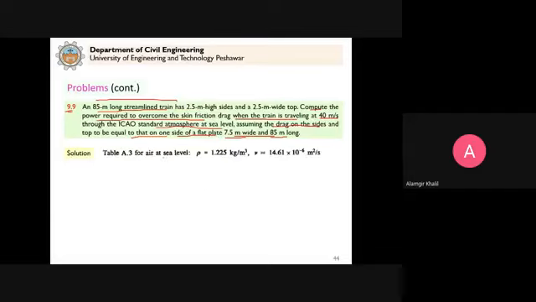So for the sea level, table A3 for the air, these are the properties you can pick from table A3 in the appendix of the book. Now we calculate R. R is 2.3 into 10 power 8. So greater than 500,000, so we have turbulent conditions.